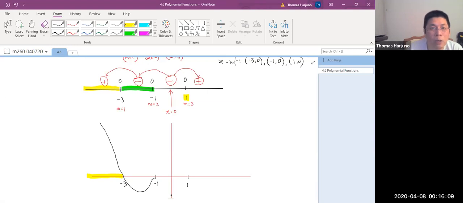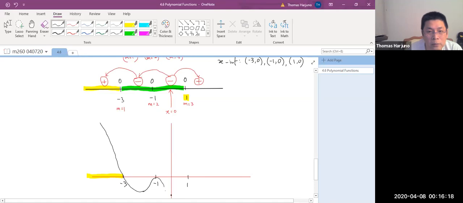Now, how about between -1 and 1? That's still negative, so it's still below the x-axis. From 1 to infinity, it's above the x-axis.